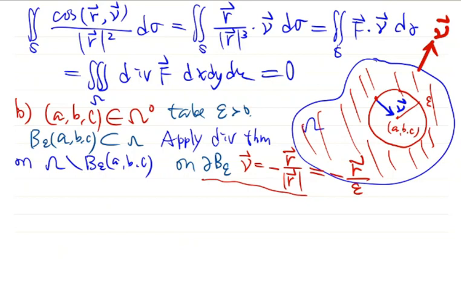So F is defined on omega removing ABC. I denoted this by omega epsilon. So this is our omega epsilon. Okay, and the divergence of F is 0.